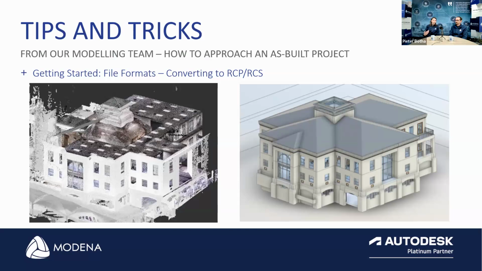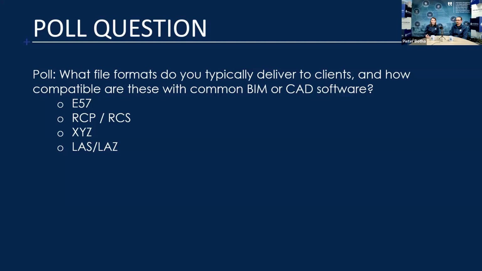That would be converting it to an RCP and RCS. A lot of the time we get data sets that are either XYZ, E57 or LAS files. How do we convert that back to an RCP and RCS to be able to take the next step and create an as-built of this point cloud data set?